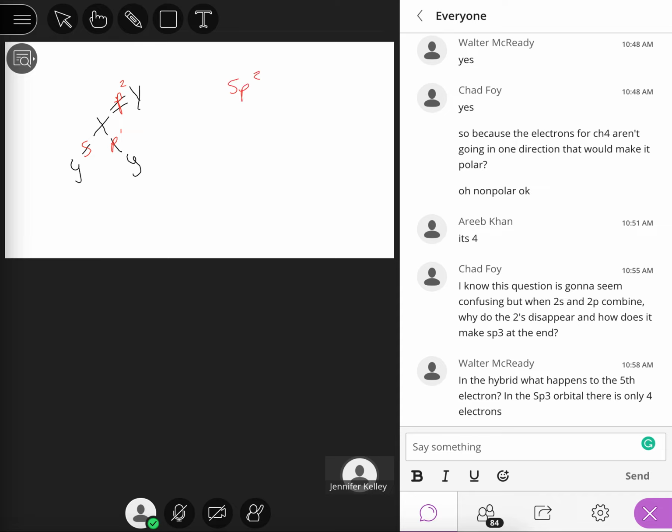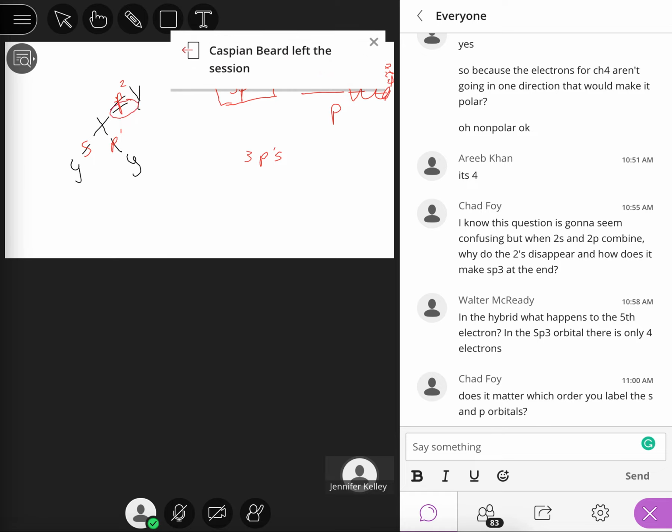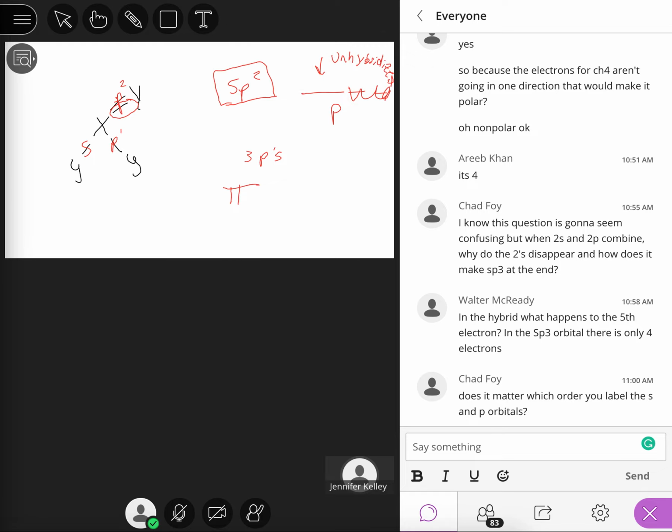We know there are, in fact, 3 P's, right? So that means this is going to hybridize, and there will be one leftover unhybridized p orbital. And the unhybridized p orbital is what causes the double bond, and the double bond is called a pi bond.